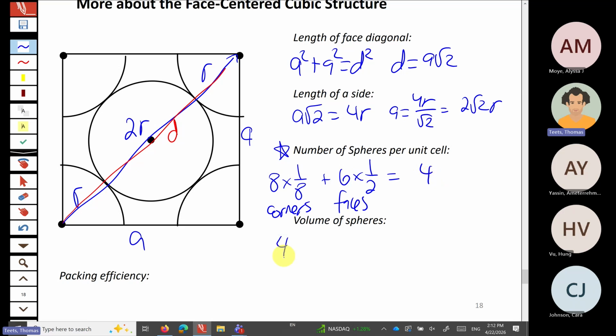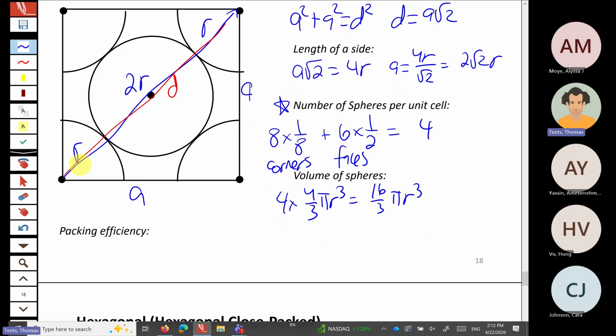So the volume of those spheres is now 4 atoms times 4/3 pi r cubed for each atom. R again is the radius of the atom. 16/3 pi r cubed. And again, I'll just do it numerically this time, not go through the effort of simplifying. But for the packing efficiency, we have the volume of those atoms or spheres is 16/3 pi r cubed.